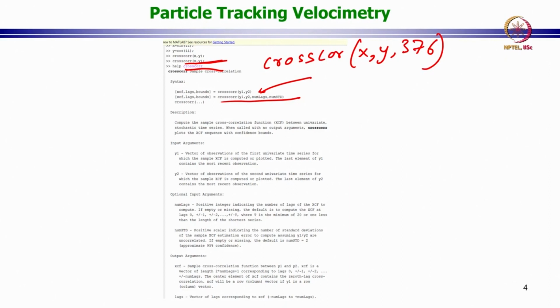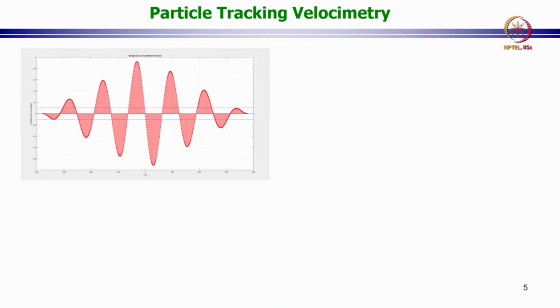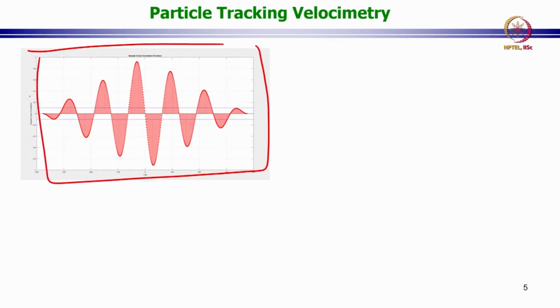And when I do that, this figure pops up right here, and you can see on the y axis you have sample cross correlation, and you have lag on the x axis, and the plot is provided to you. You can see that there are some values of lag at which this is almost 1, the value right here.